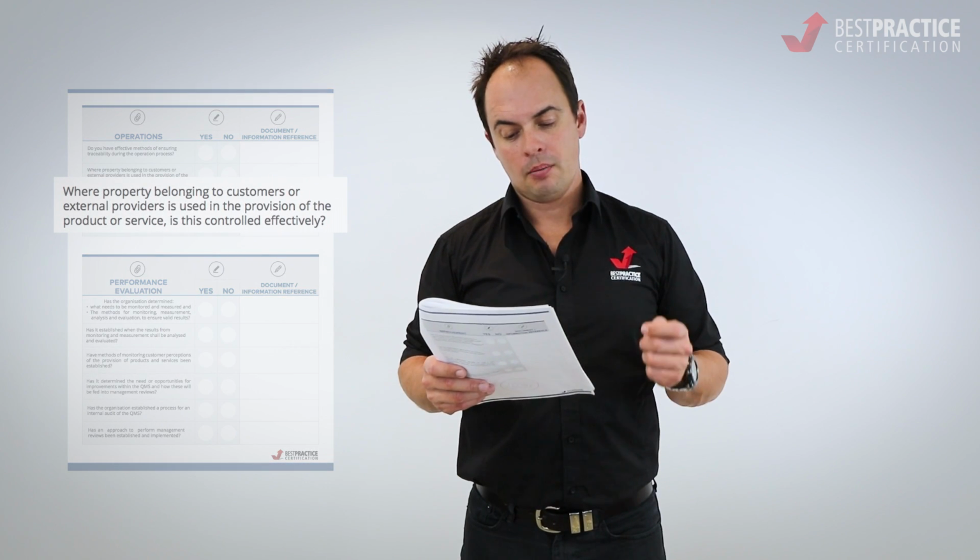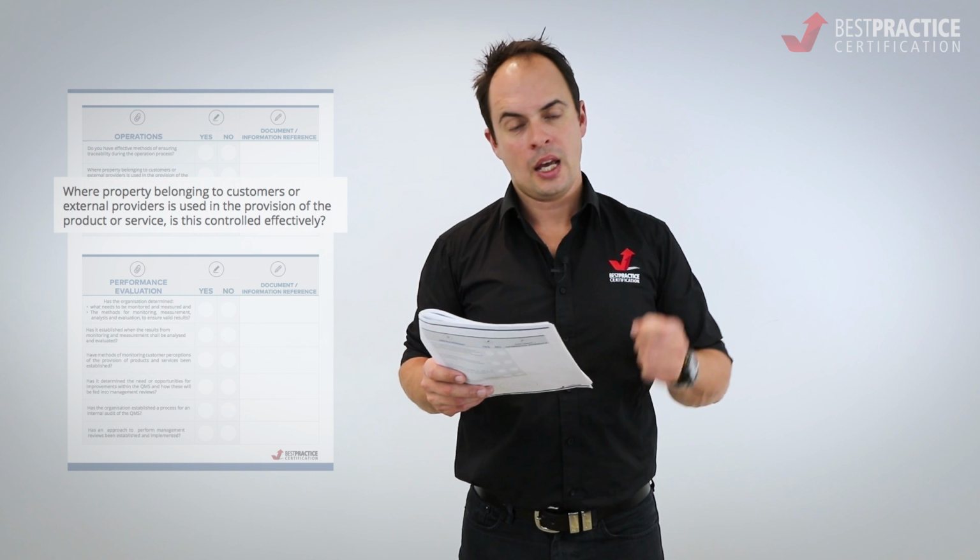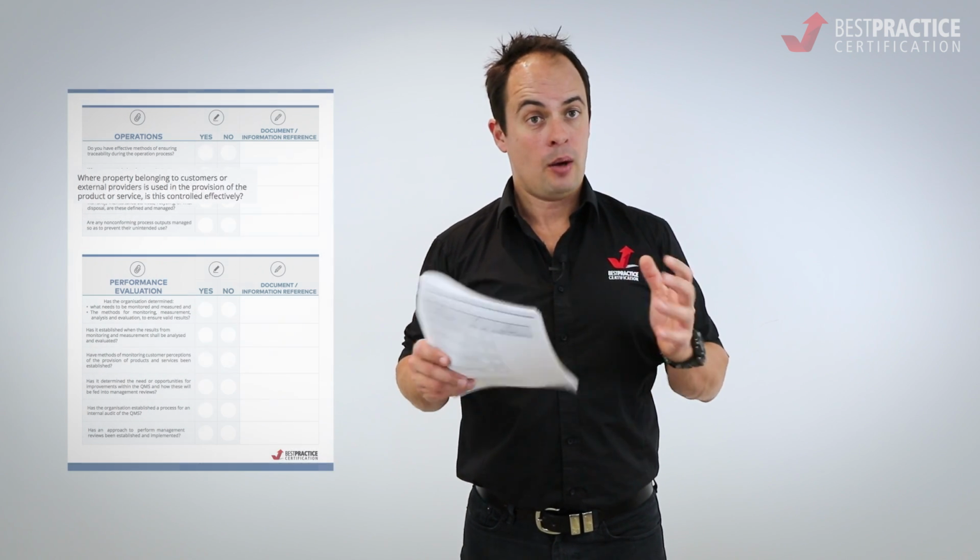Where property belonging to customers or external providers is used in provision of the product or service, is it controlled effectively? Now, while we're shooting this video, I've dropped my car at the mechanic to have some work done. I don't want my car to get scratched. I don't want it to be damaged in any way. Is it being looked after? So this is the process here where if customers are giving you their personal belongings or something that you're going to work on for them, are you protecting it?